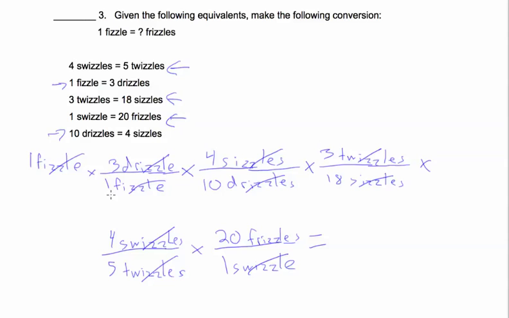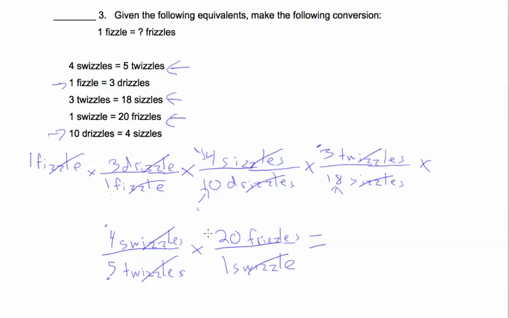And then I'm going to do times 4, and then divided by 10, and then times 3, and divided by 18, and then times 4 and divided by 5, and then times 20.